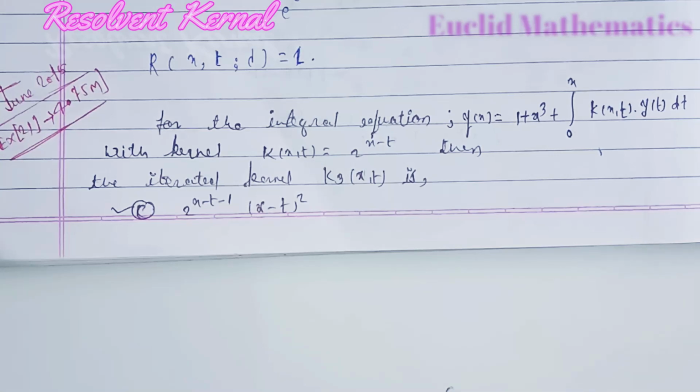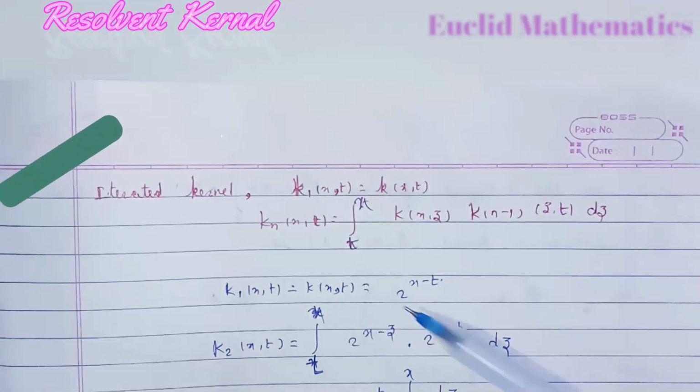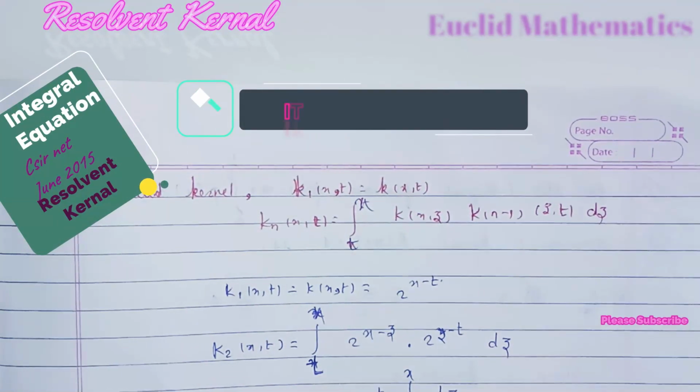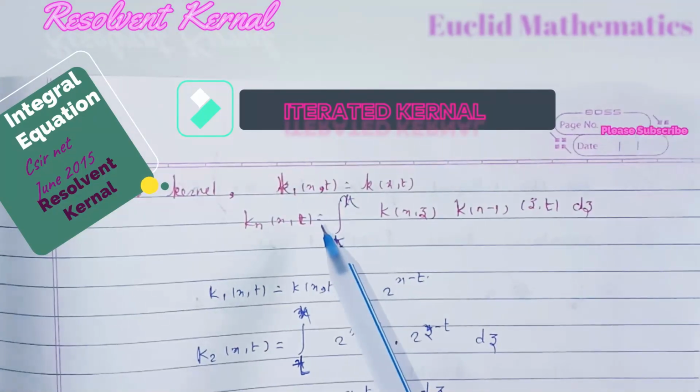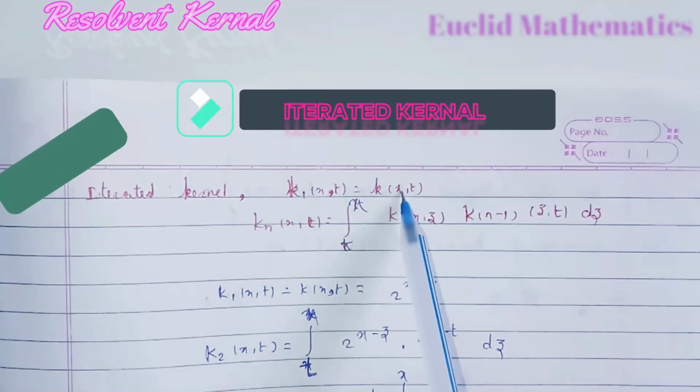Let's get started with our solution. By using these two results, K1(x,t) and Kn(x,t), we get the value of our iterated kernel. K1(x,t) represents the value of K(x,t). So K1(x,t) is K(x,t).